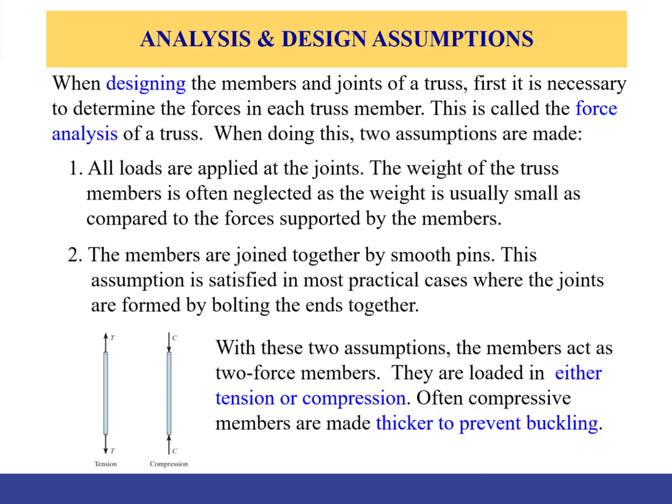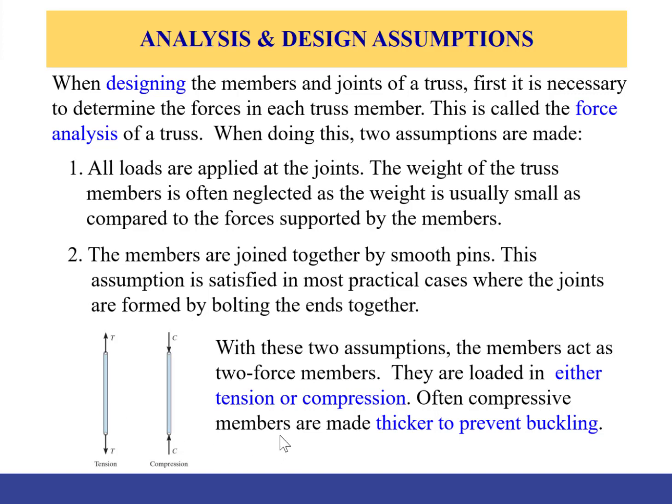Another note is that compression in long slender beams in a truss system is a problem, right? Especially long slender or thin beams with a thin cross section tend to buckle faster.